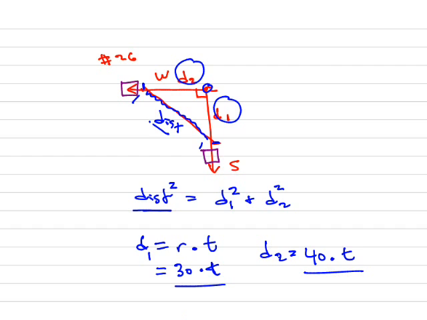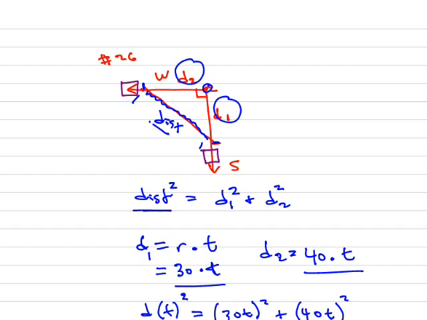So let's just substitute those into our equation now. The distance between the two cars, d of t, at any time is now going to be 30t quantity squared plus 40t quantity squared, and that's actually the distance squared again, because it's the hypotenuse squared equals the sum of the squares of the other two sides of the triangle, and that's just from right triangle geometry.